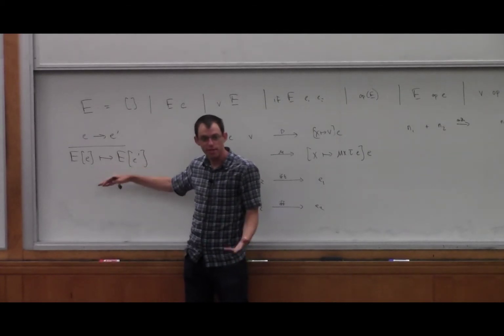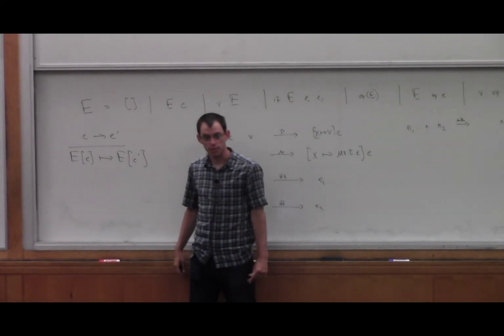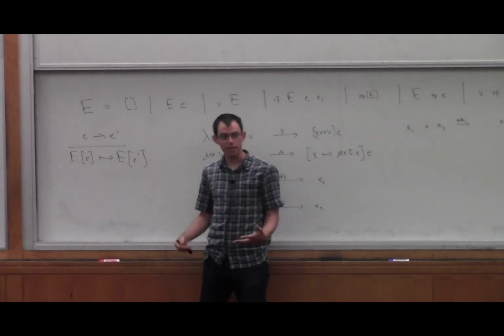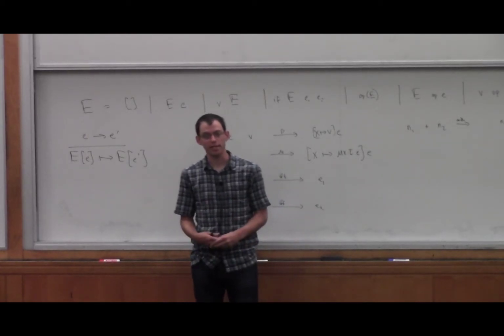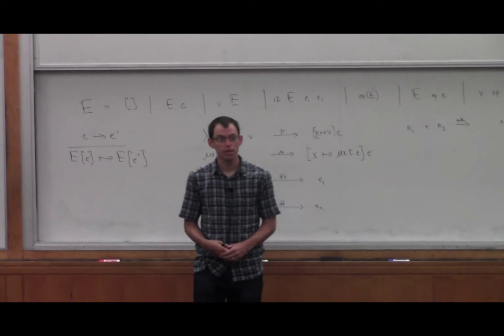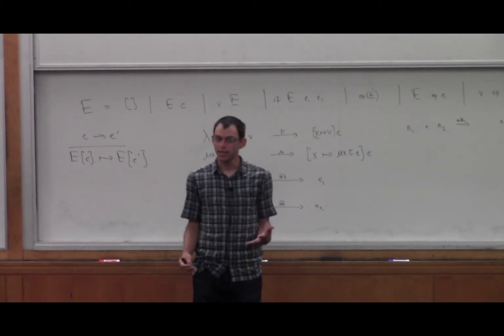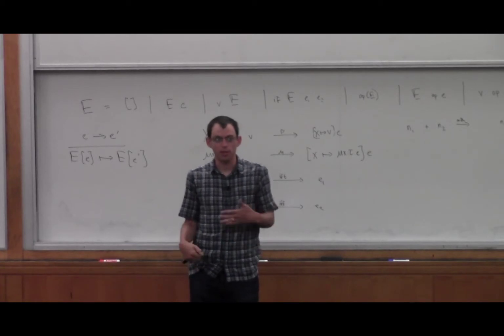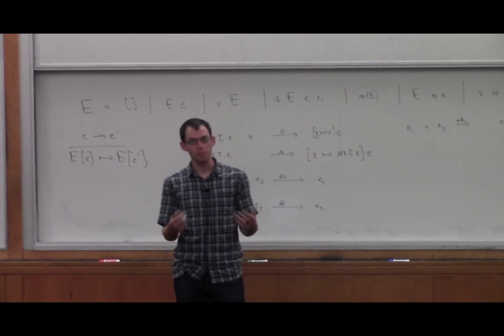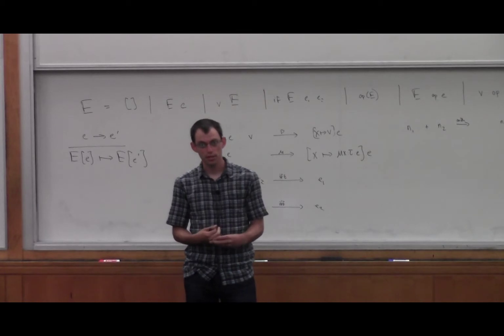So we can't not use the evaluation contexts. It happens that the particular evaluation context that we used in the second step was the empty context, but the empty context is a perfectly good context that we can use, just like the empty list is a perfectly good list.